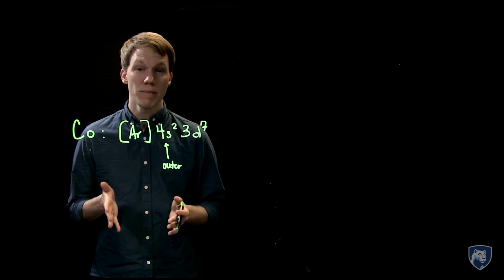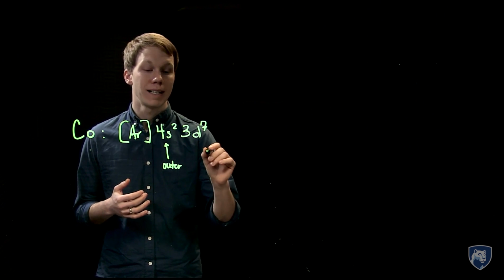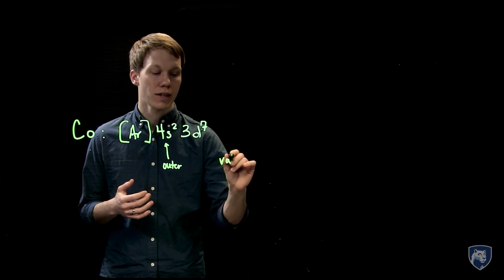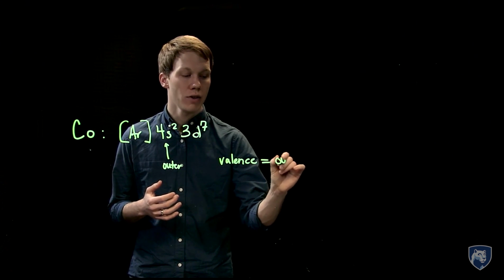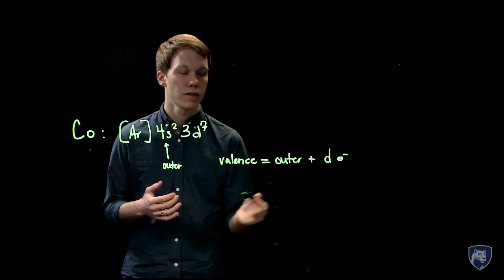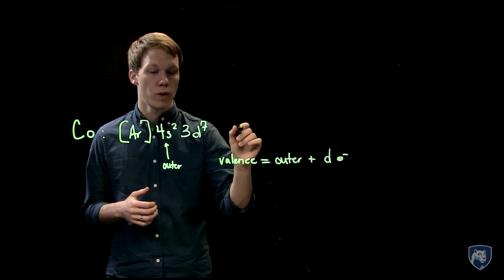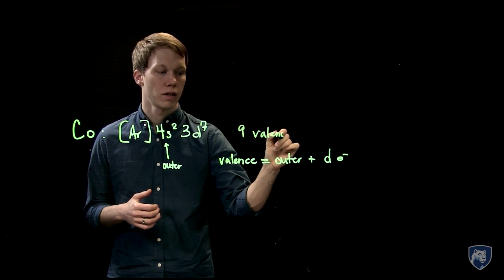But in this d block, I have to add to that count my d electrons. So valence electrons in the transition metals are equal to my outer plus my d electrons. So cobalt would have 9 valence electrons.